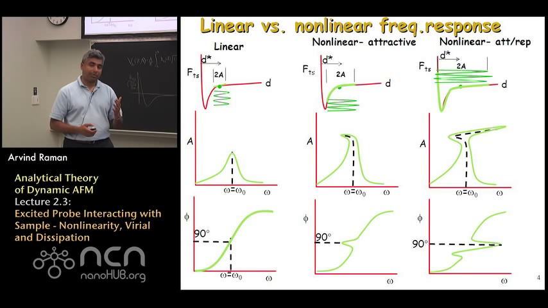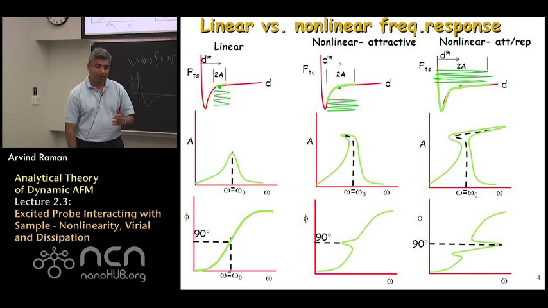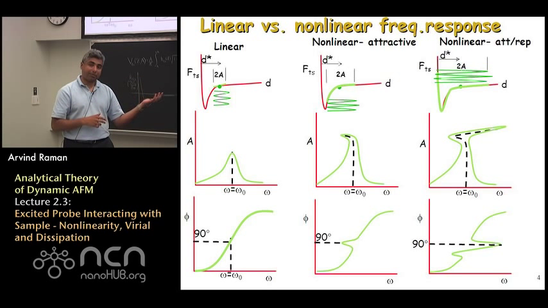On the left column, we've got the situation where we can regard the oscillation amplitude as so small that the region the tip traverses as it oscillates left and right lets you regard the tip-sample interaction forces as a straight line with a constant slope. In which case, if you sweep the excitation frequency from below resonance to above resonance, the amplitude and phase lag response will be as shown here.